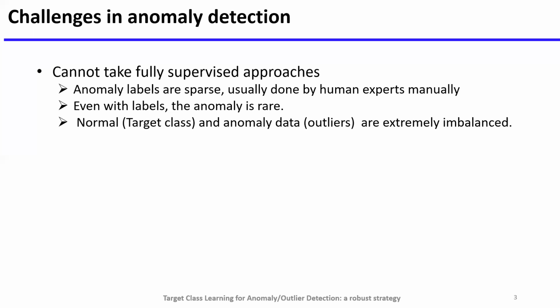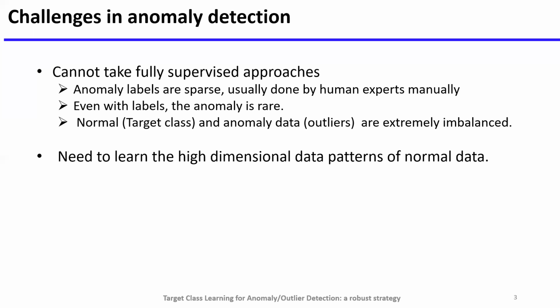That is why conventional machine learning algorithms fail to cope with the situation. We can try to some extent via some upsampling mechanism, such that we can balance the available target class and anomaly class, but still the problem remains to identify the anomaly data.